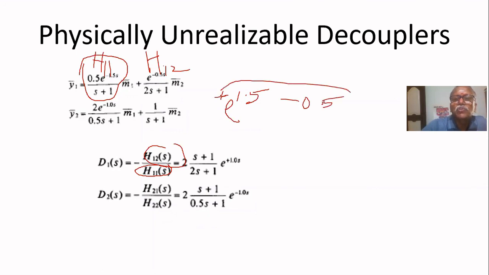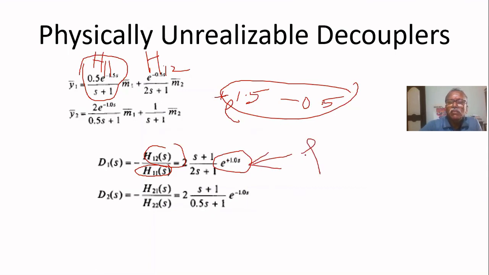If you add these two together, you get plus 1. The meaning is that it requires a future value. You know that e power minus means delay, so a future value is required. That is why it is physically unrealizable. We do not know the future value.